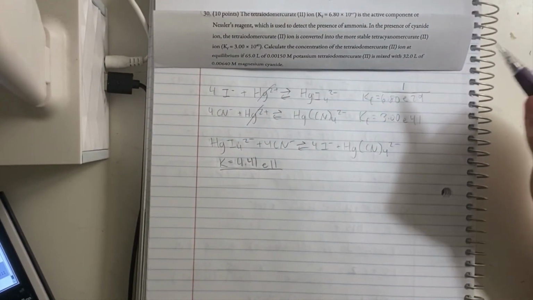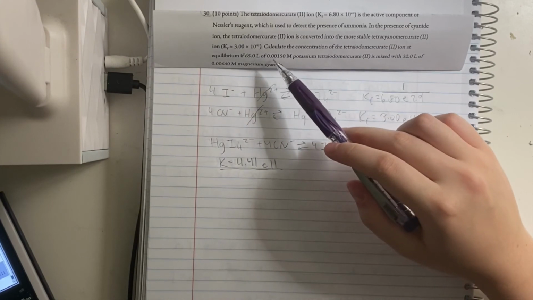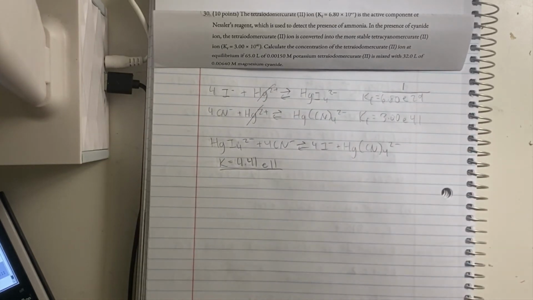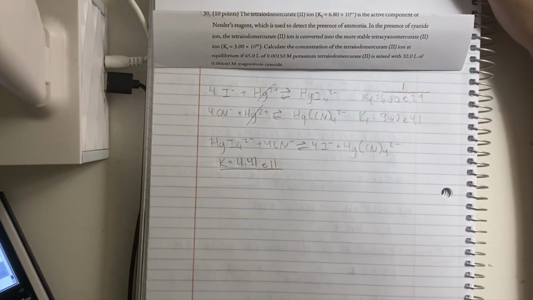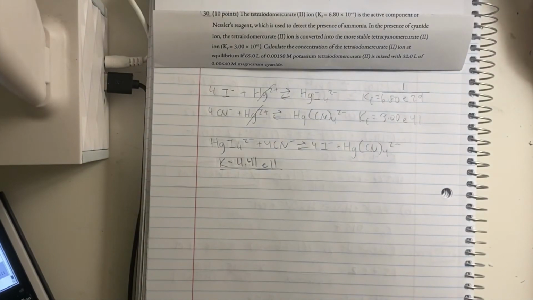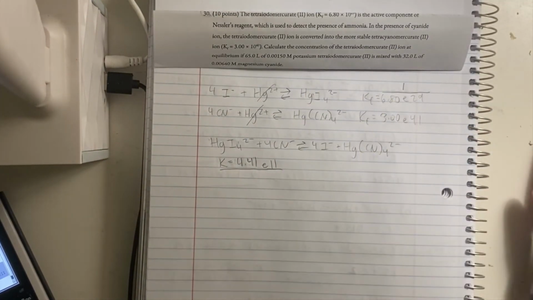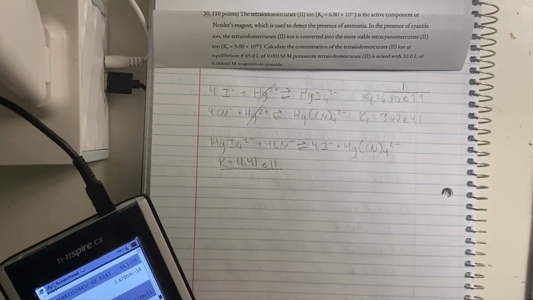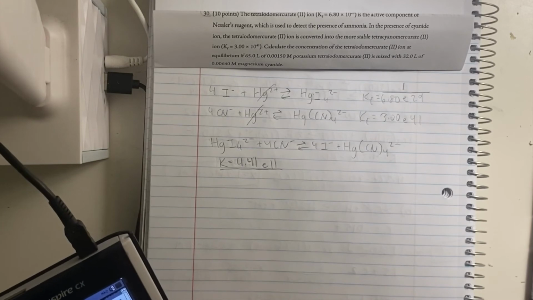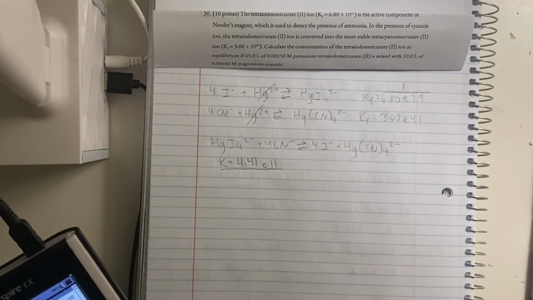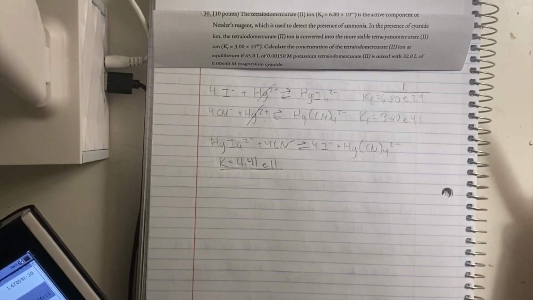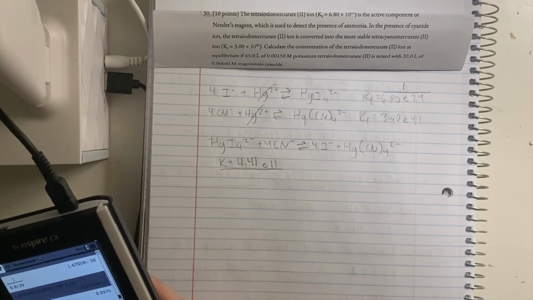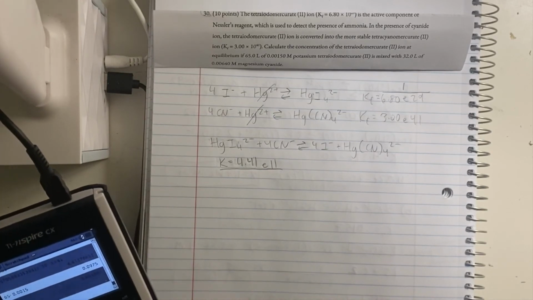And now we have to deal with the 65 liters of 0.0015 molar potassium tetraiodomercurate and the 32 liters of 0.0064 molar magnesium cyanide. For each one, we take the volume and multiply by the molarity to get the number of moles, and then we divide it by the total volume, which is 32 plus 65, which is 97, to get the new concentration.